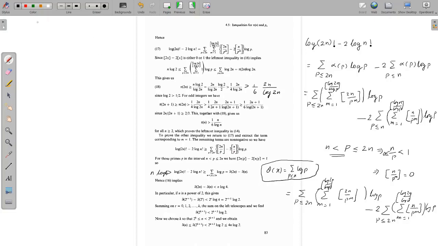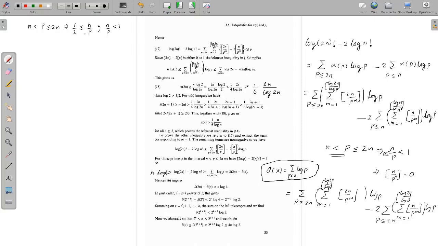Now we can see what happens when n is less than p less than or equal to 2n. From these two inequalities, we get 1 by 2 is always less than or equal to n by p, and n by p is less than 1.